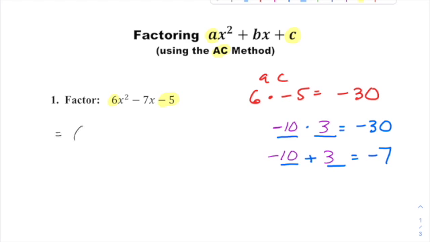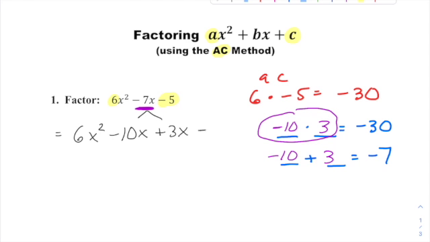So we start, our 6x squared stays the same, but in the middle, instead of this -7x, I'm going to rewrite it using these two numbers that I just came up with, the -10 and the +3. So I'm going to rewrite it as -10x + 3x.